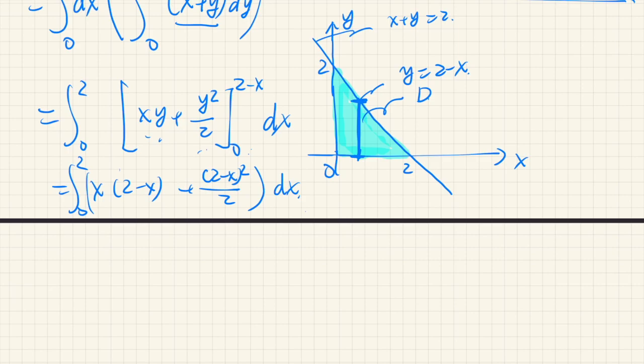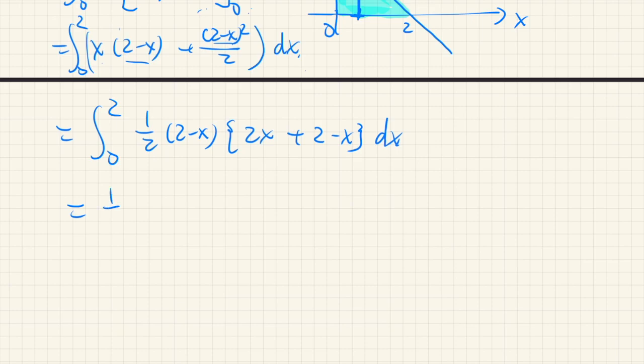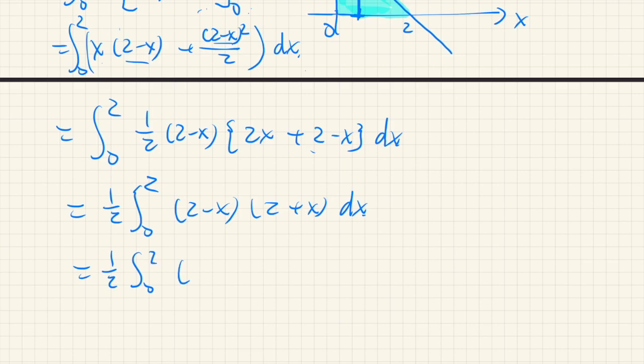We have 2 minus x here, 2 minus x here. Let's factorize it: 1 over 2, 2 minus x, times 2x plus 2 minus x, actually this is 2 plus x. So this is 4 minus x squared, dx.